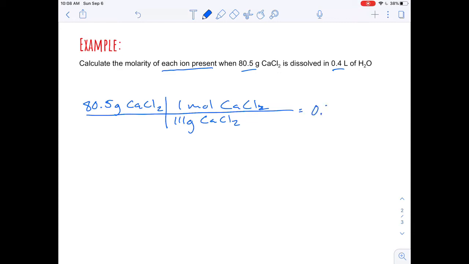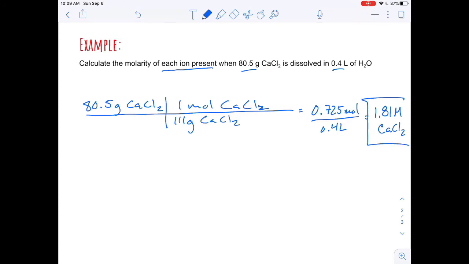And I get 0.725 moles. I'm going to place that right over my 0.4 liters. And I get 1.81 molar of CaCl2. So that is the first part of my answer.